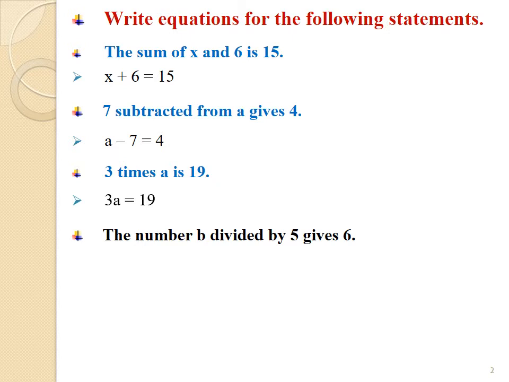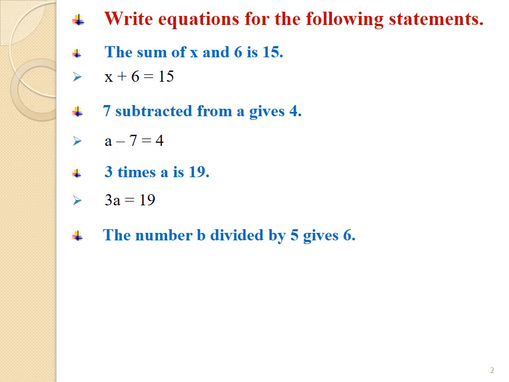Now, sum number 4. The number b divided by 5 gives 6. Students, in this statement, the word divided is given. So, we have to divide.